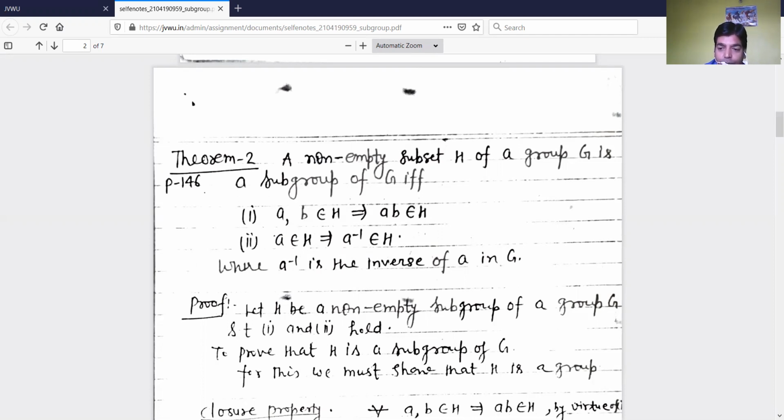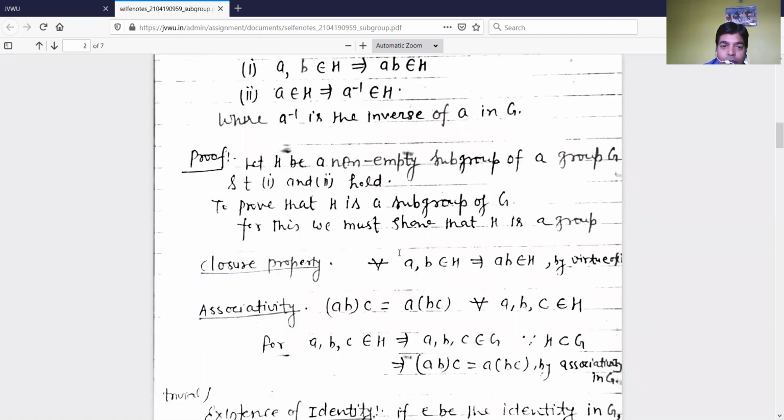Now for the proof. Let H be a non-empty subset of a group G satisfying the first and second properties, and we have to show H is a subgroup of G. For this we must show that H is a group.